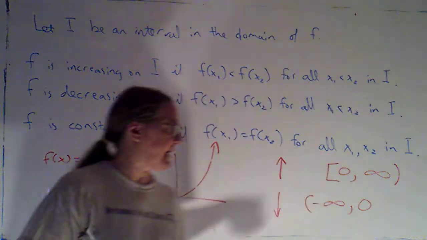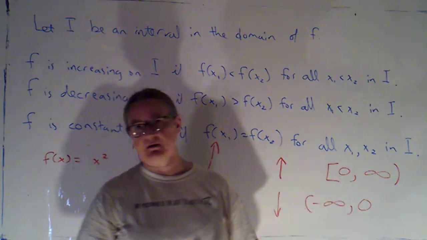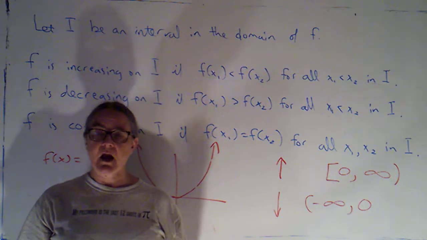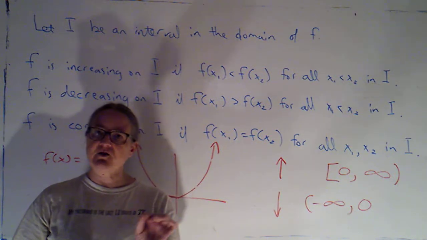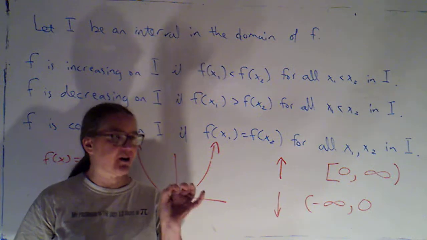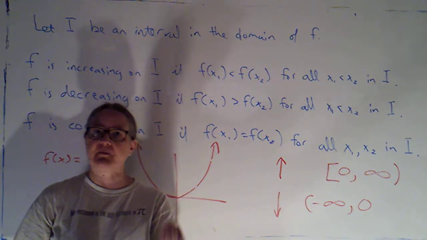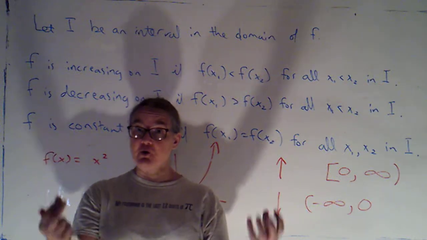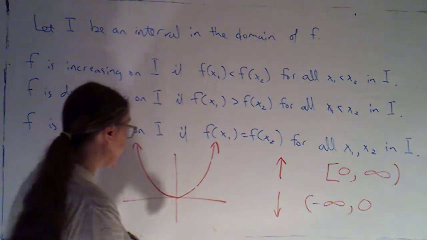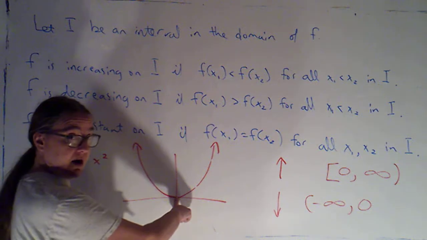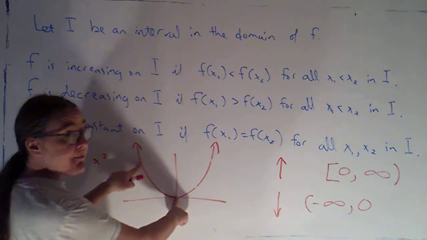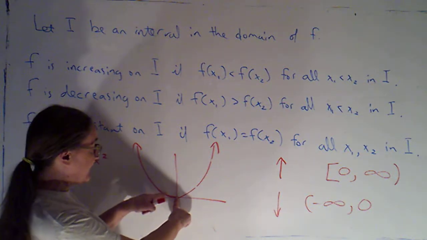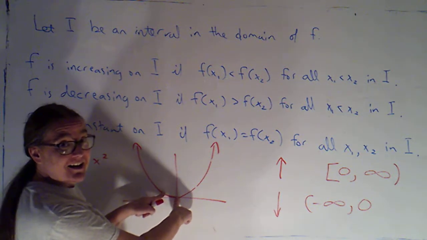And sometimes people will say, well, if you included 0 here, then you can't include it here, because it can't be both increasing and decreasing at 0. But the definition of increasing and decreasing is never about what we're doing at a particular point. It's always about comparing 2 points. And if I were to compare what happens at 0 with what happens at any point to the left of 0, even if it's very close to 0, my left point is higher.